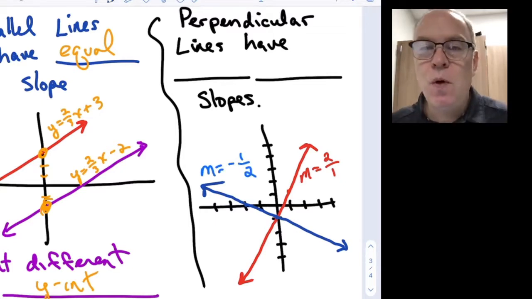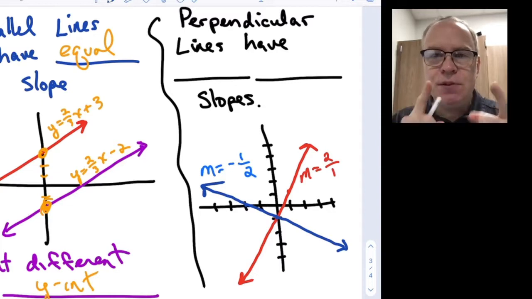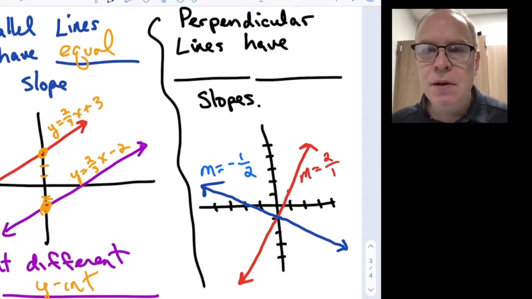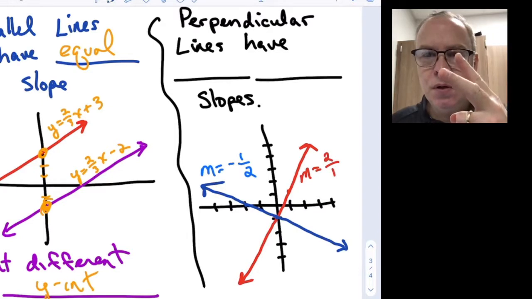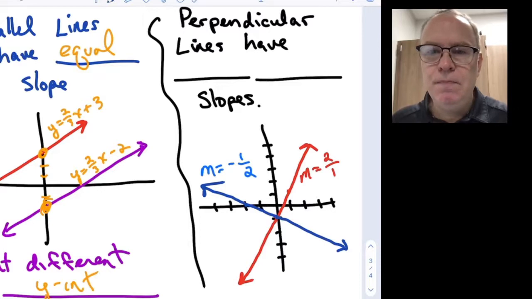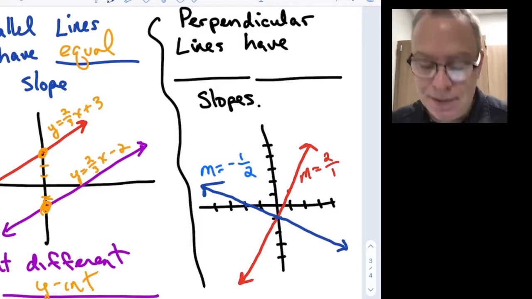All right, so those fractions have some things in common. Do you notice that? They both have the number 1, they both have the number 2. They're both fractions. Okay, so that's good, but now what's different? They are flipped over and different signs.